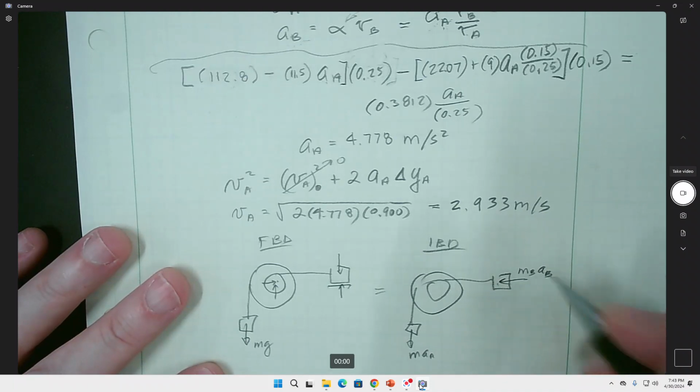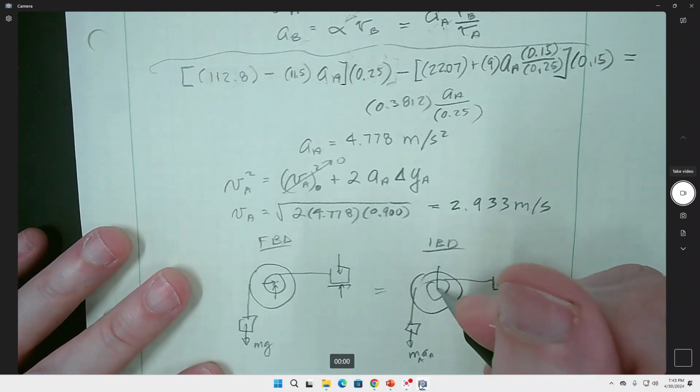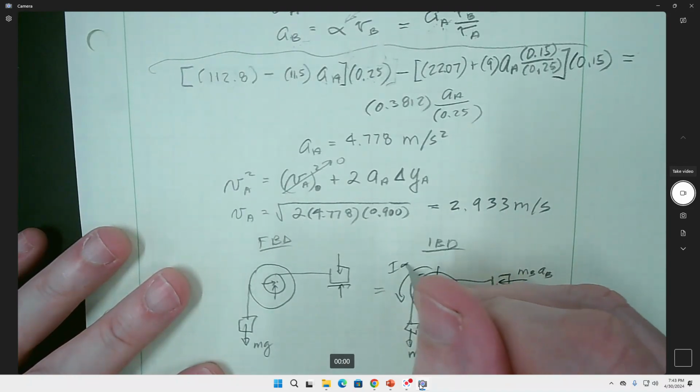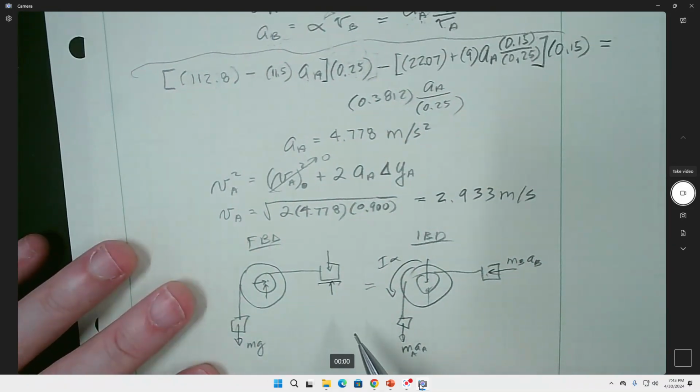Okay, so the a over here, that's not going to matter, but we're still going to have the I alpha. Yeah, I think it can actually be done in one thing. So you can eliminate those tensions if you want to do it. But this is sort of a rare case for doing Newton's second law.